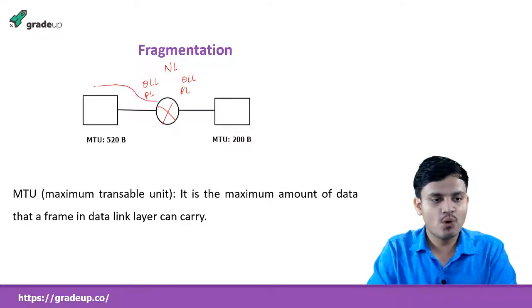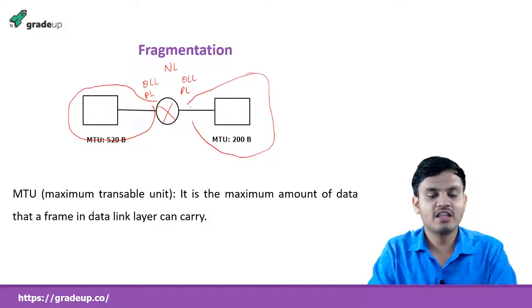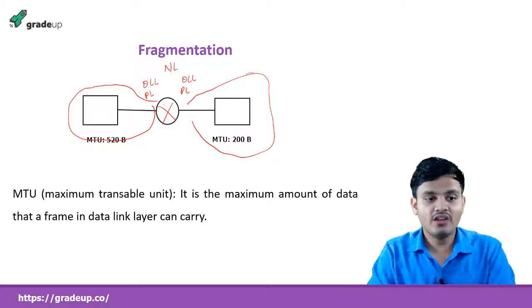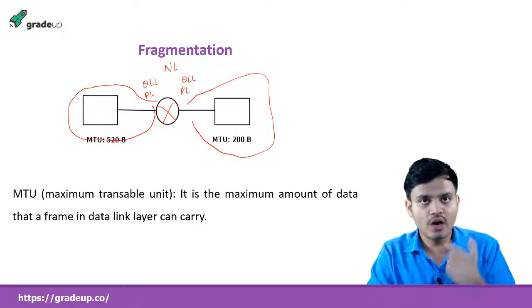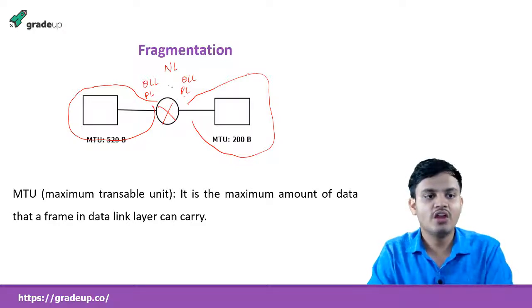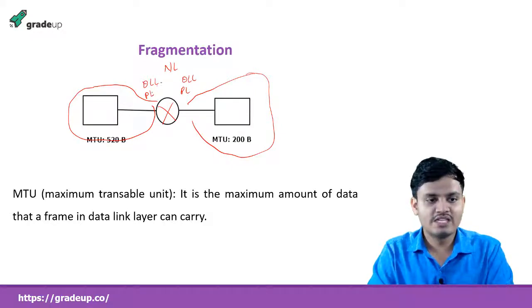The LAN properties on the two sides may be different, and the router knows both of them. Router knows what is the maximum data they can carry.